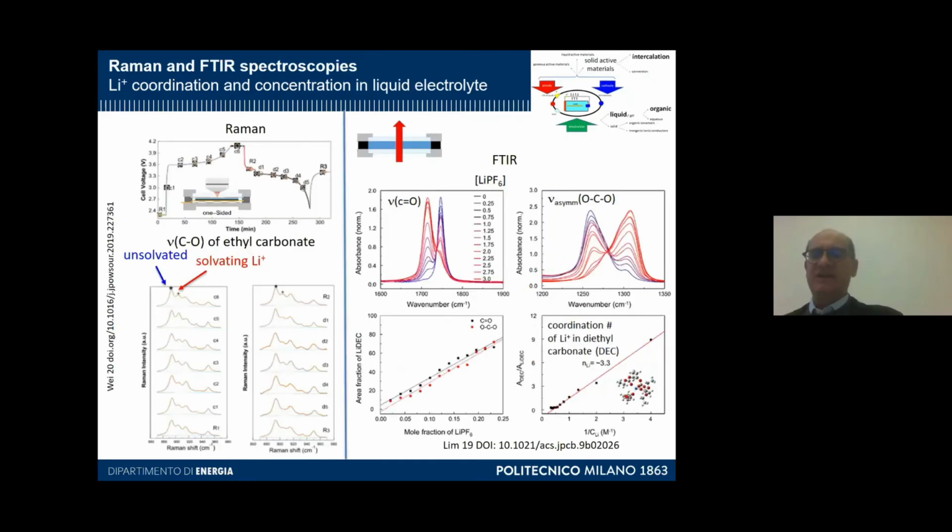Raman with reflection cells and FTIR with transmission cells allowed to detect the vibrational signature of the coordinating solvent, the relative intensity of which can be used to monitor potential-dependent lithium salt concentration, as in the case of the Raman measurements reported on the left of this slide, or to estimate the lithium coordination number with the FTIR spectra that I'm showing on the right side of the slide, obtained by varying the lithium salt concentration.